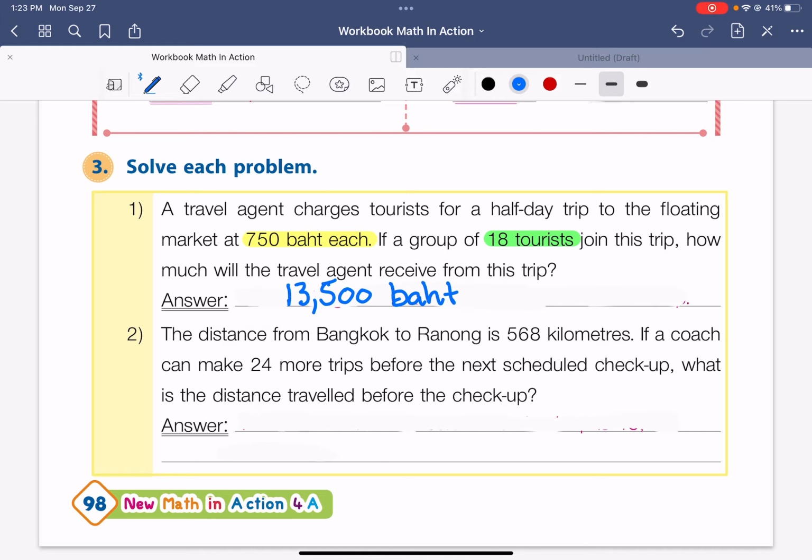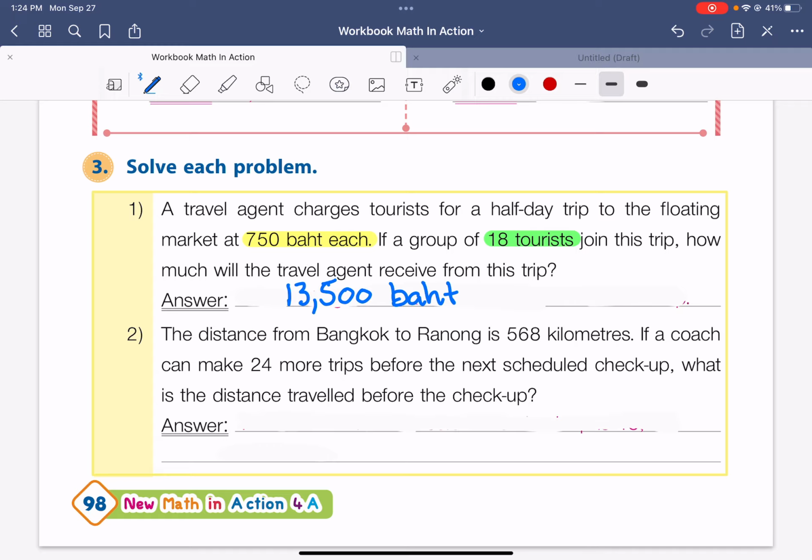You just write it like that. As a short answer. We can write the full sentence, or we can write the short sentence. But this is usually what we're looking for.